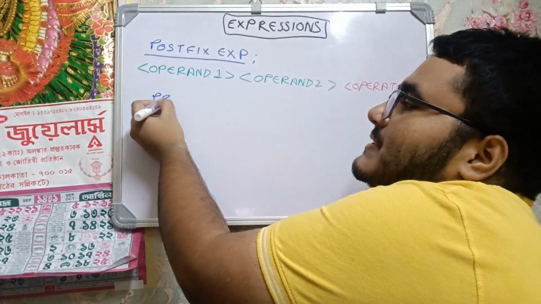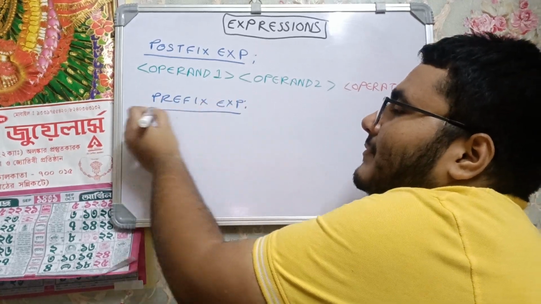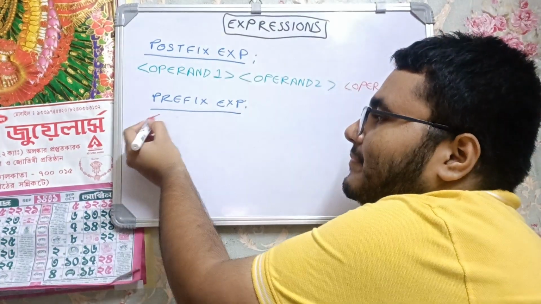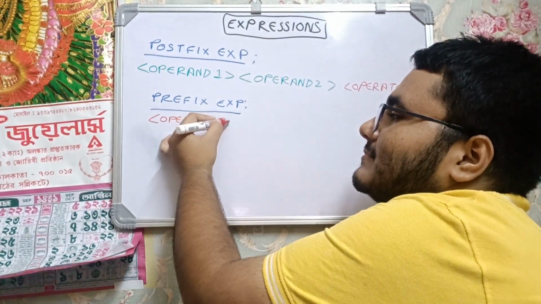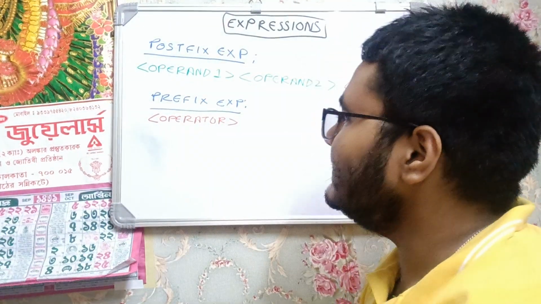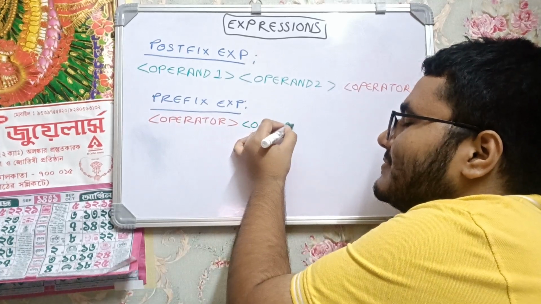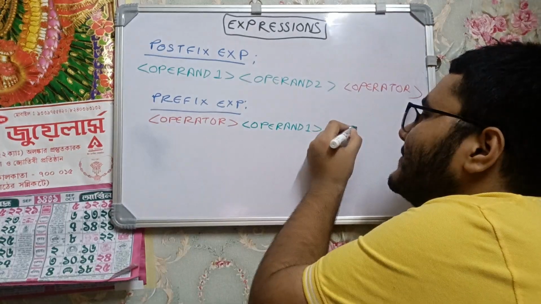In prefix expression what happens, the operator comes first, then we have our first operand, and then the second operand.